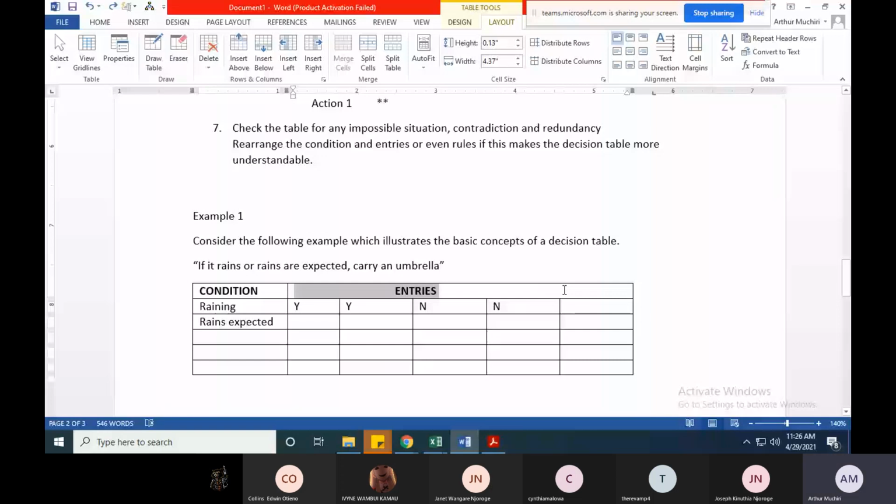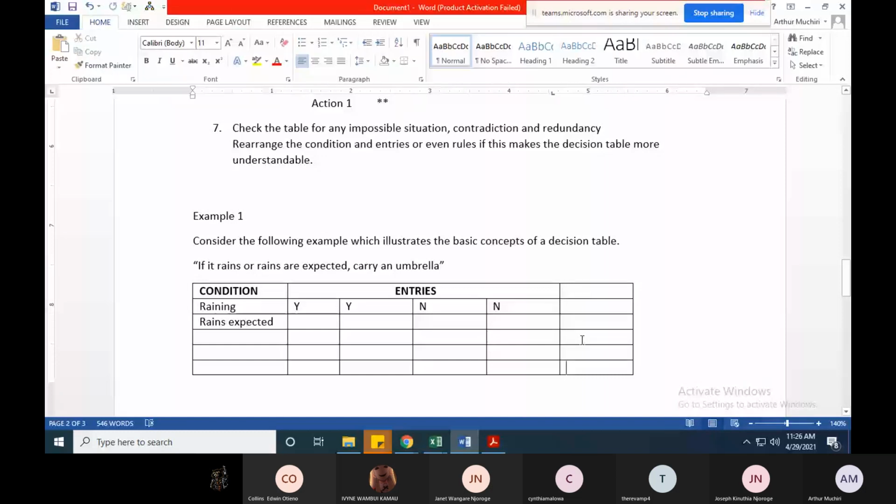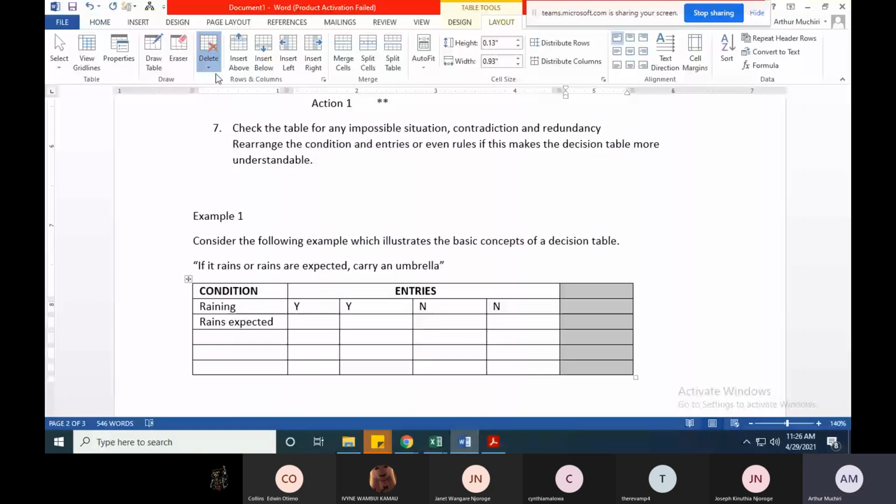Split. Where is the split cells? Split. How many columns? I think it's okay now.